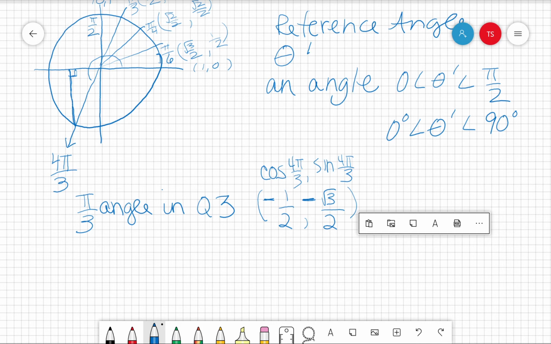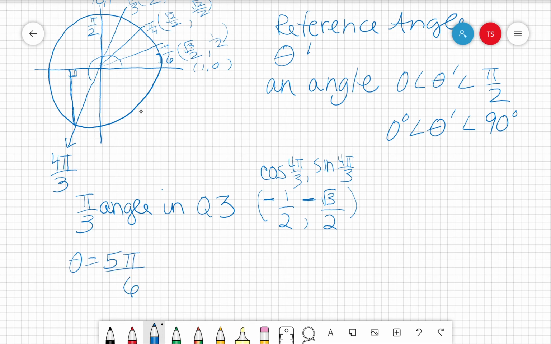And one thing that's good about dealing in radians is if you're dealing with an angle that has 3 in the denominator, then pi over 3 is going to be your reference angle. If you're dealing with an angle, let's say theta is equal to 5 pi over 6, then that's the pi over 6 angle in quadrant 2.